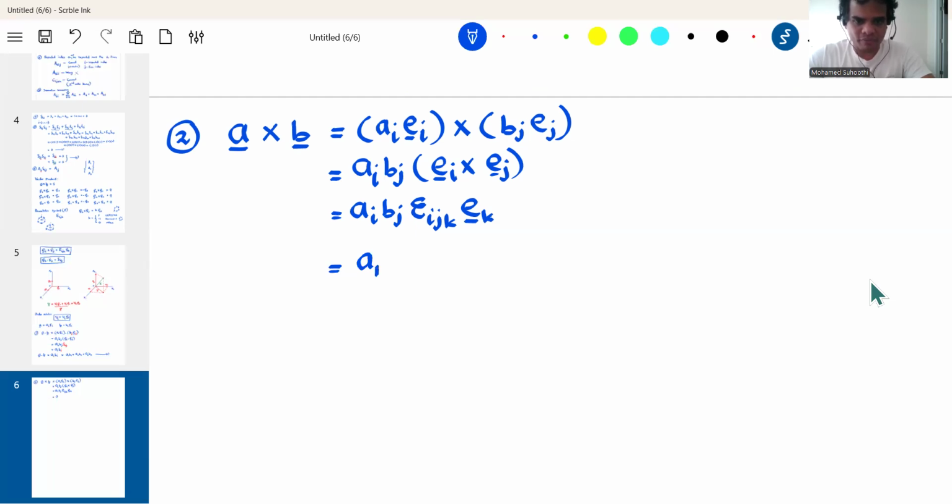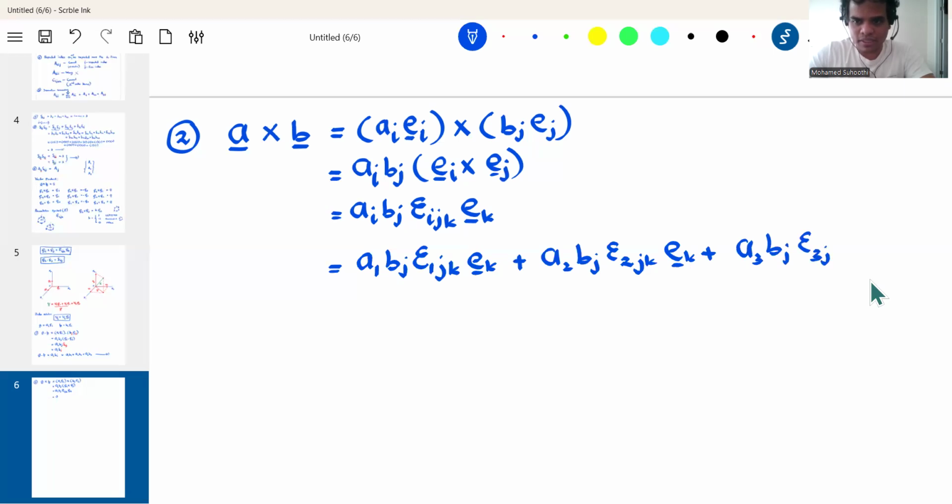Because the index is repeated, the summation convention applies. A1 B_j epsilon_1jk e_k plus A2 B_j epsilon_2jk e_k plus A3 B_j epsilon_3jk e_k. Right, so now I have done it for i.